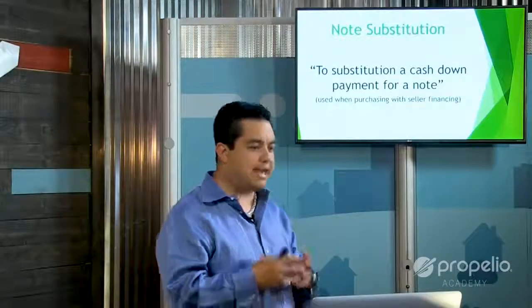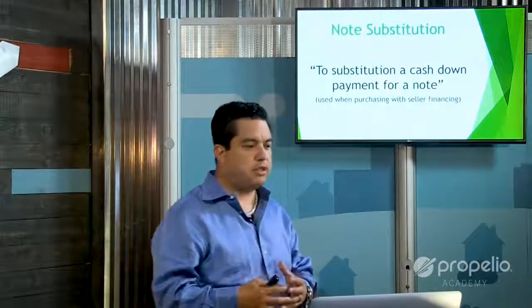Well, you can substitute them. So you can go ahead and say, hey, listen, Mr. Seller, I know that you want $20,000. Tying up my capital really makes the deal kind of go sour and south in this regard. But I understand that you want to make sure that the deal is done.